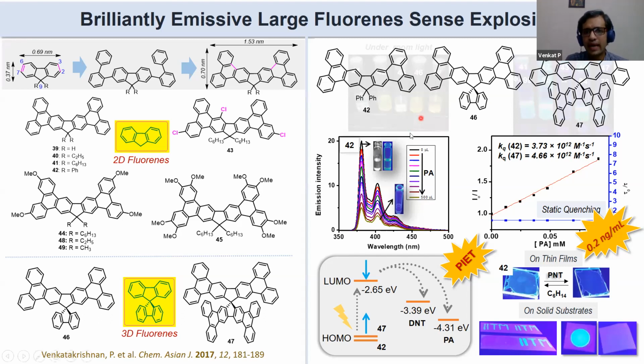We used them, and these compounds reliably sense these nitroaromatics down to a concentration of 0.2 nanogram per ml. Not only in solution, they have also been shown to detect the vapors in thin films and on solid substrates. When you expose the nitroaromatic vapors to these pi-expanded fluorenes, you would see them being sensed. Okay, so this is one of the aspects.